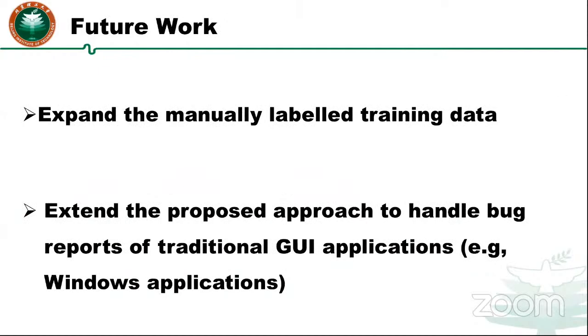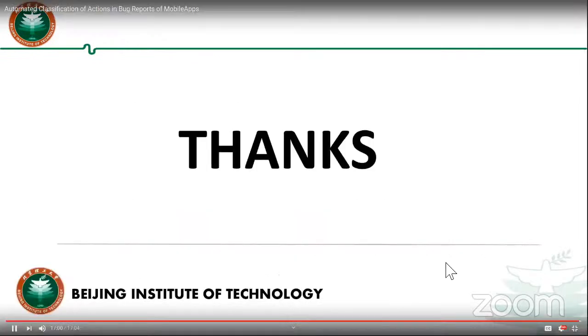In the future, we plan to expand the manually labeled training data and extend the proposed approach to handle bug reports of traditional GUI applications, such as Windows applications. That's all. Thanks for listening.